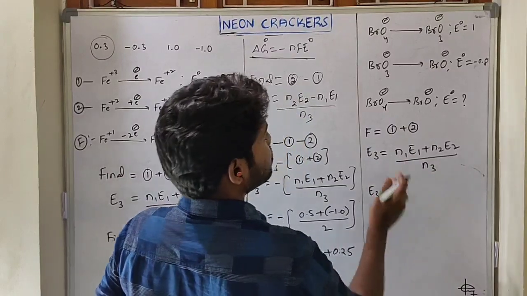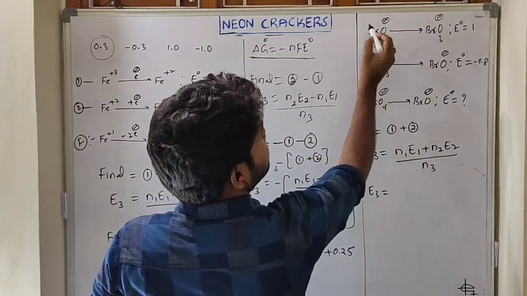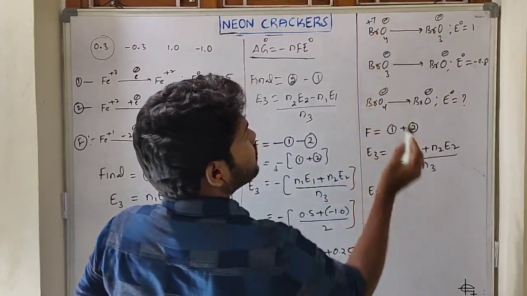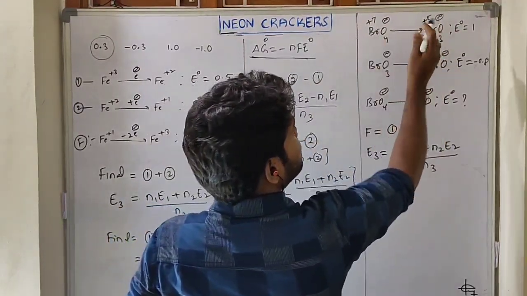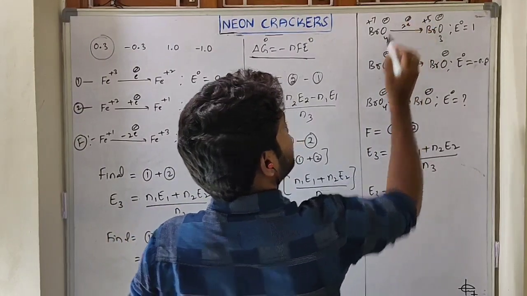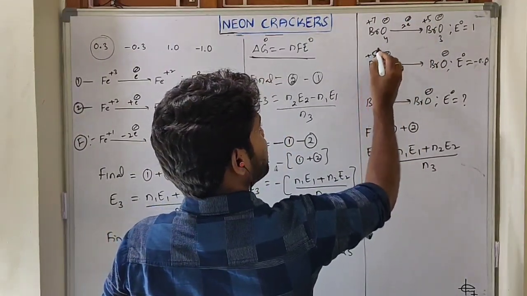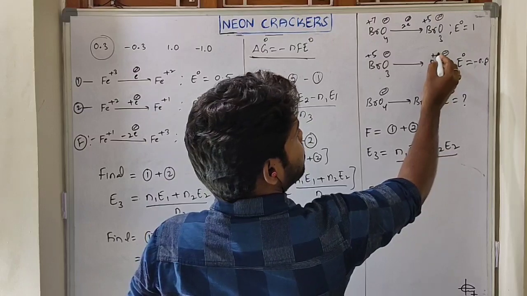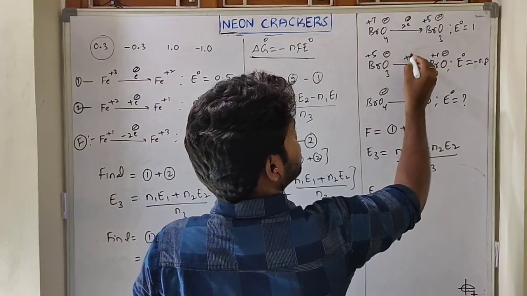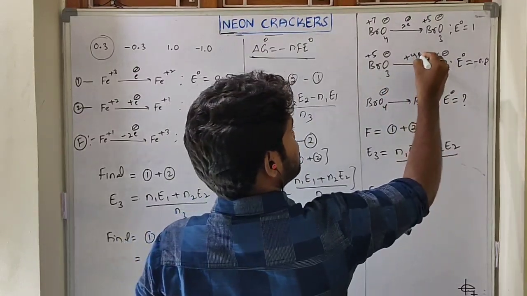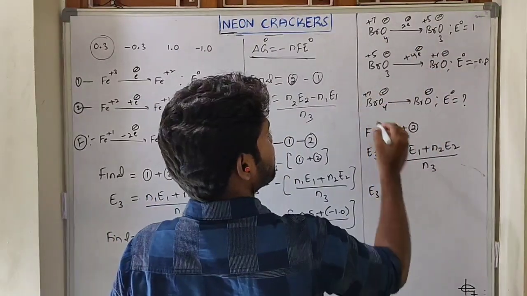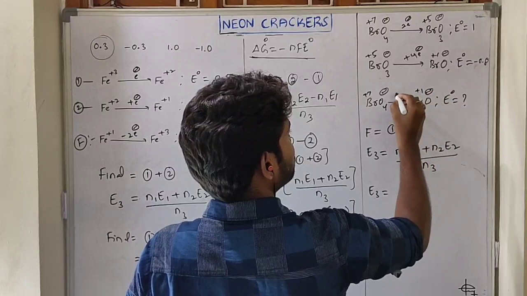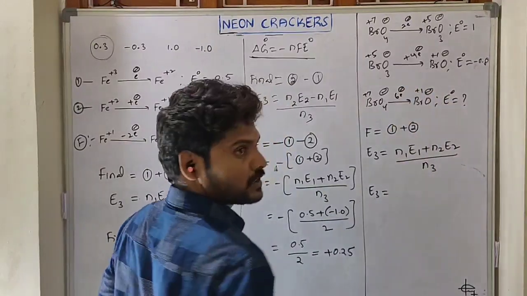What is the N1 value? The oxidation state of bromine here is plus 7 and here plus 5, so plus 7 to plus 5 is 2 electrons. Next, plus 5 to plus 1 is 4 electrons. Here, plus 7 to plus 1, the total number of electrons is 6.